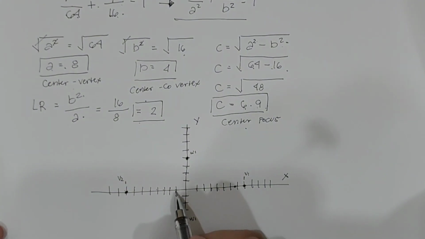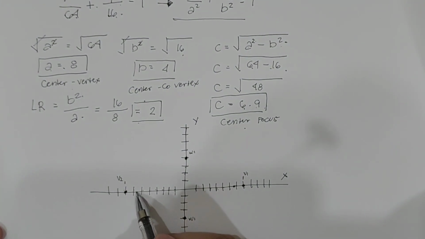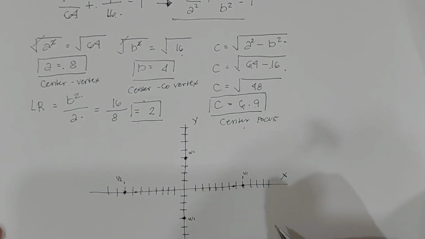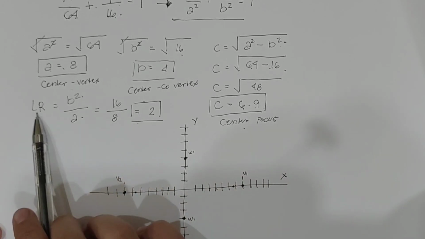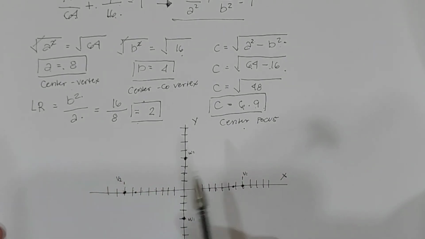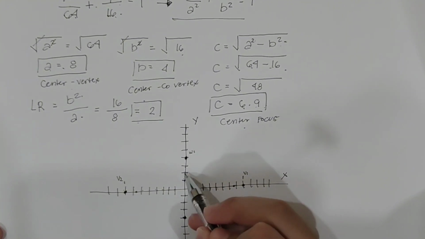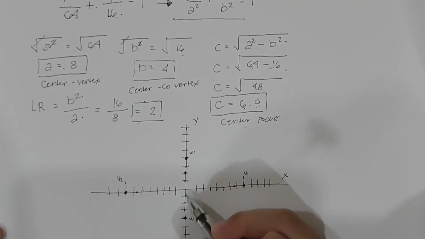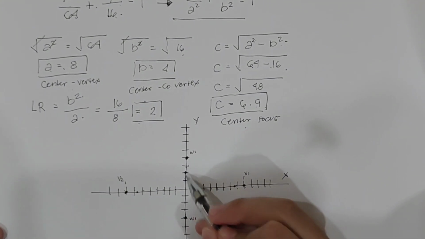And the same goes for the other side, 1, 2, 3, 4, 5, 6 here. And for our latus rectum, we'll start here on the y-axis. 1, 2. So here is our latus rectum.